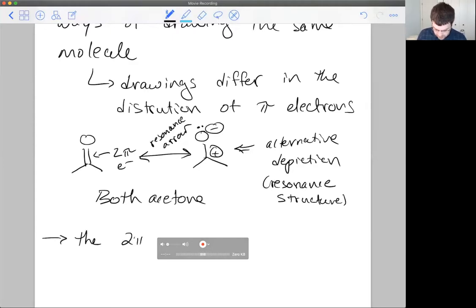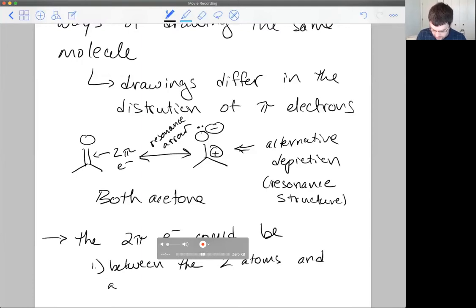So in acetone, the 2 pi electrons could be, number 1, between the 2 atoms in a double bond.